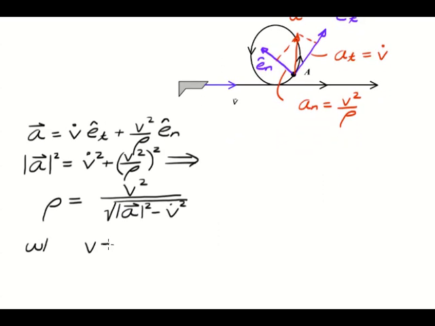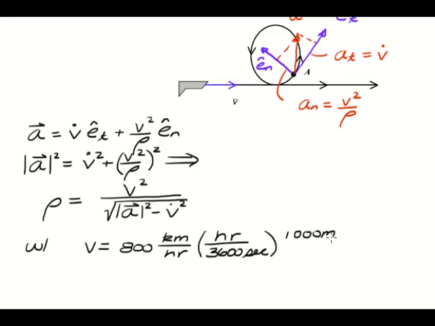For example, the speed v, that's given to us as being 800 kilometers per hour. Well, we'll probably want to convert that to meters and seconds. So we know 1 hour is 3,600 seconds. We know that there's 1,000 meters in a kilometer.